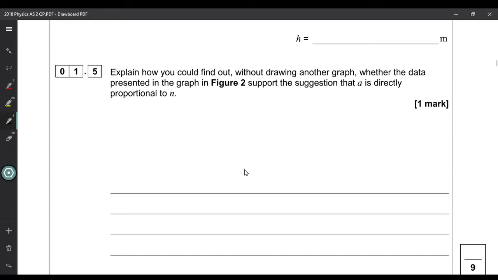Right, a lot of students had problems with this final part of this question. It says explain how you could find out without drawing another graph whether the data presented in the graph in figure 2 supports the suggestion that A is directly proportional to N. Now a lot of students disregarded this without drawing another graph and described an experiment where another graph would need to be drawn.